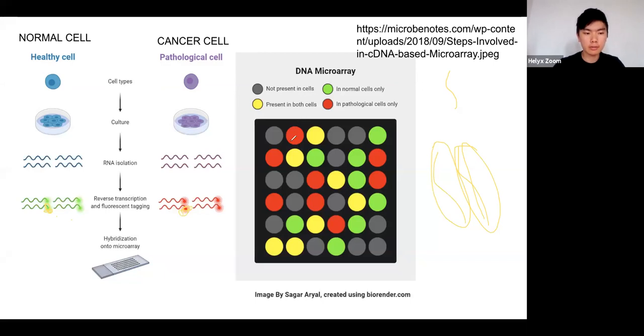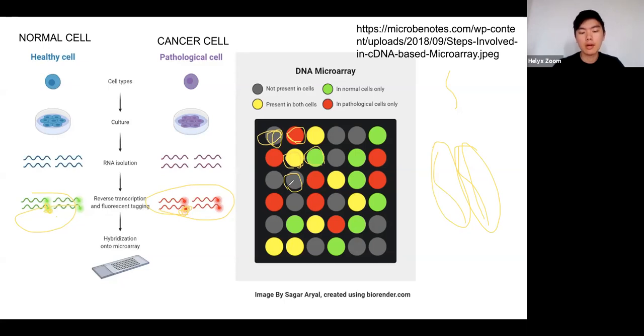And when you shine the laser through, if there's more of the red cDNA than the green tagged cDNA in a well, and remember each well is for a given gene, it's going to appear mostly red, right? If it's more green, that means that there was more of that cDNA present in the healthy cells. And if it's yellow, it means that it was about equally present in both cells. In some instances, commonly, you're not going to get any color because the gene is not expressed in either cell.